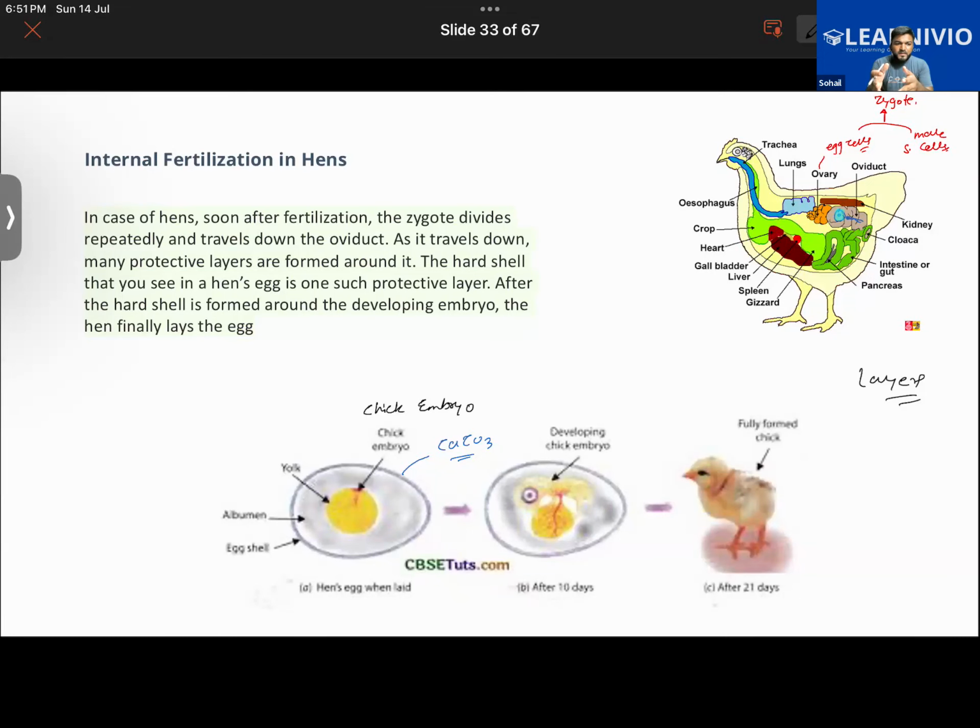So once they have laid the eggs, the eggs are immediately taken away from them, because if left there, it is the instinct of the hen to sit on the egg in order to take care of it.